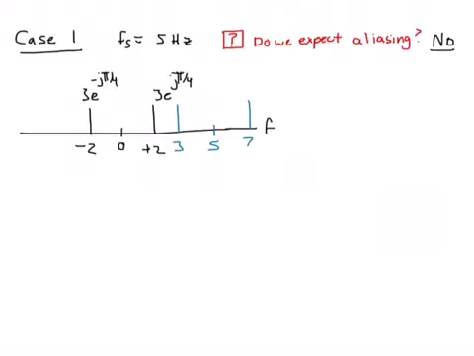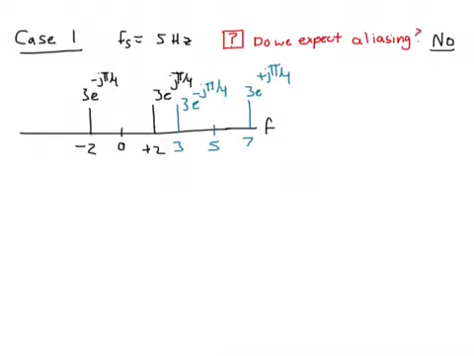I can complete labeling here: 3 e to the minus j pi over 4, 3 e to the plus j pi over 4. And again, this is an exact copy of what's right here.